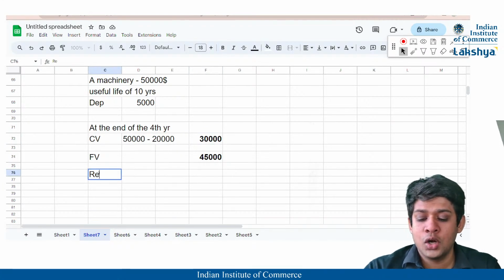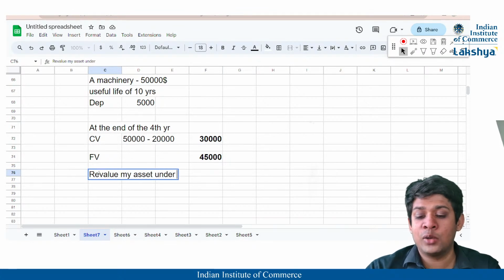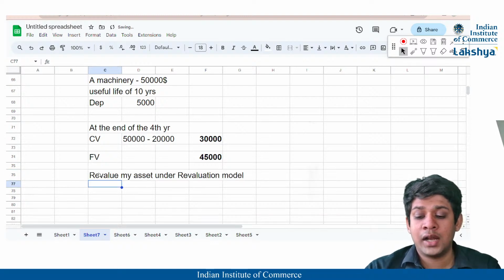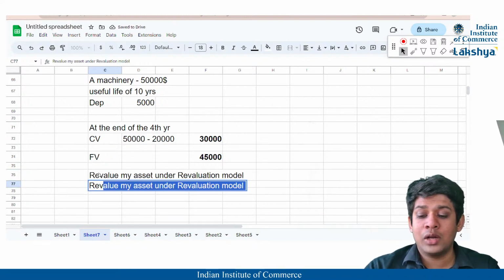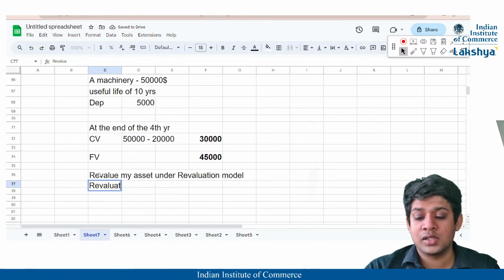I will have an option to revalue my asset under the revaluation model, right? And this will be known as revaluation surplus. Why revaluation surplus?